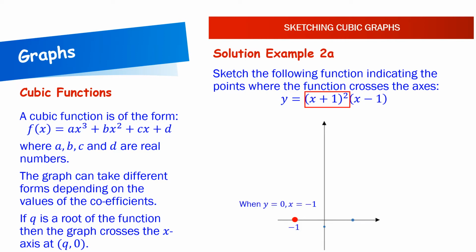When y equals 0, x equals minus 1, or x equals 1. And when x equals 0, y equals minus 1. As x tends to infinity, (x plus 1) all squared tends to infinity, and so does x minus 1. And therefore f of x tends to infinity too.